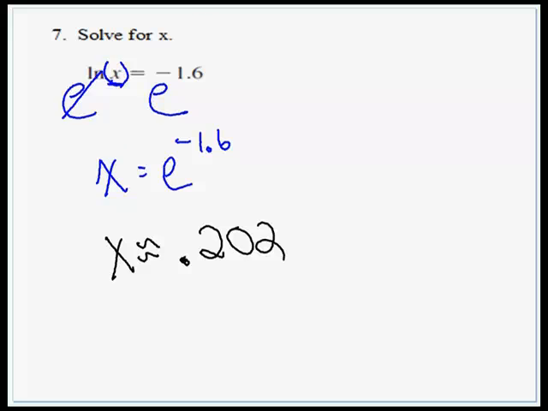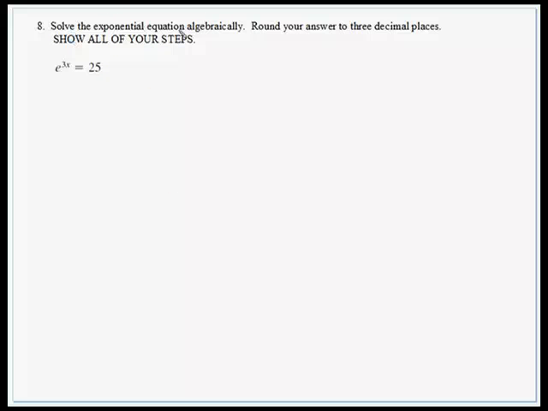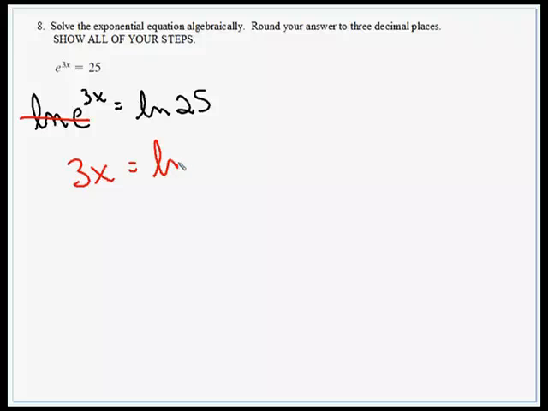Number 8. Solve the exponential equation algebraically, round your answer to 3 decimals, show all your steps. So we have an e to a power equals 25. We want to get rid of that e, so we will natural log each side. The natural log of e to the 3x equals the natural log of 25. The ln of e cancels, so we have 3x equals the ln of 25.